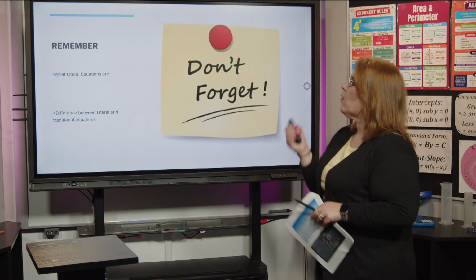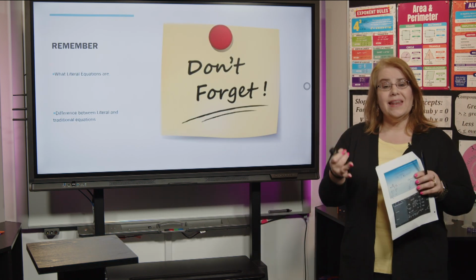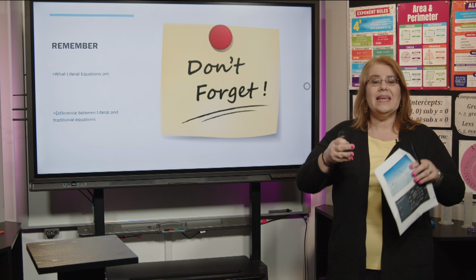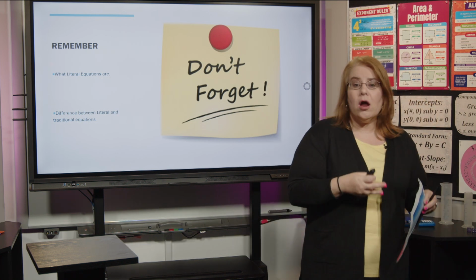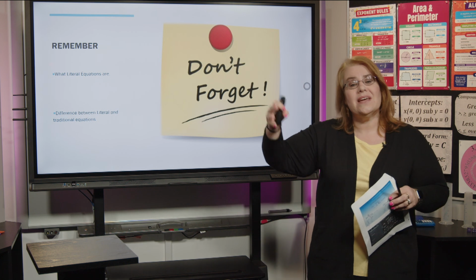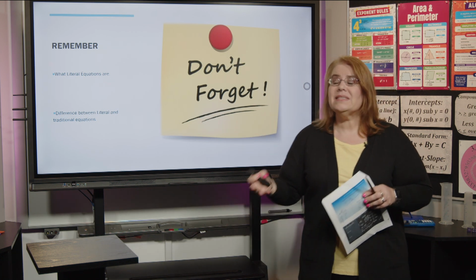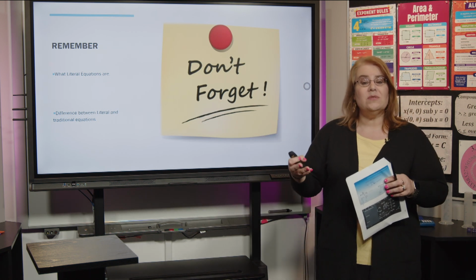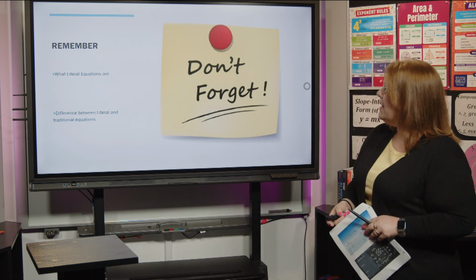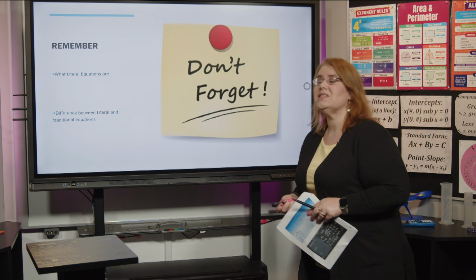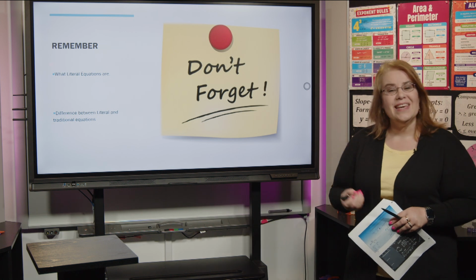So I want us to remember what literal equations are. I'm getting a variable by itself, but in terms of other variables. So when I get, let's say, my r by itself, it may equal several other unknowns. Because I don't know what those unknowns are, I'm just saying it literally equals this, this, and this. All right? We need to know the difference between literal and traditional equations.